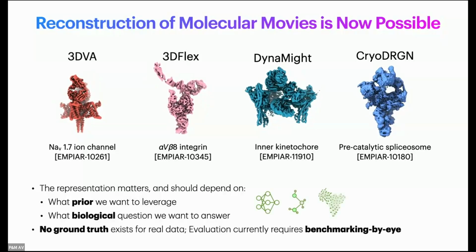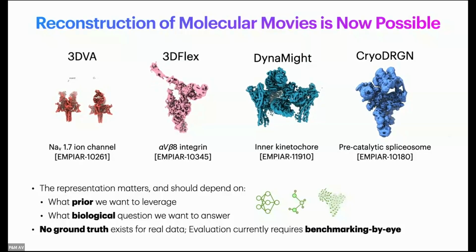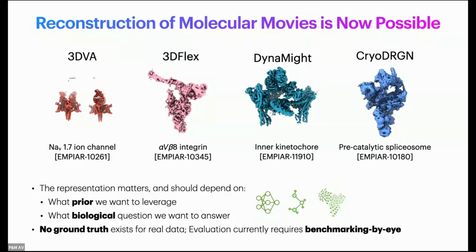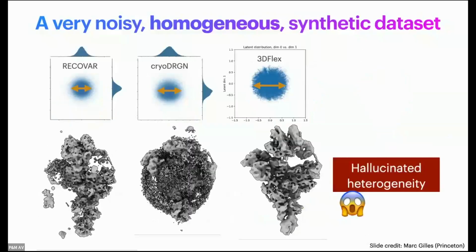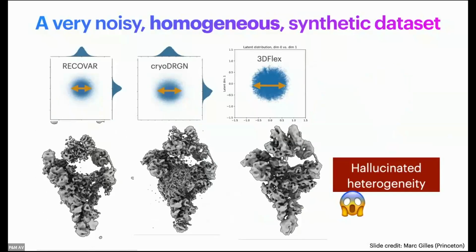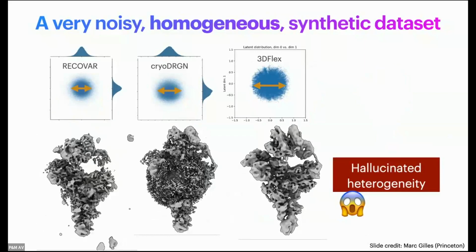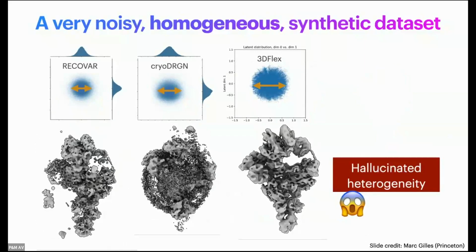And one of the challenges is that there's no ground truth, right? We're trying to determine the structure. And right now, especially in the methods development realm, evaluation currently requires benchmarking by eye. Just as an example, this is an extremely noisy, homogeneous synthetic data set. Recovar is this probabilistic PCA-based approach.